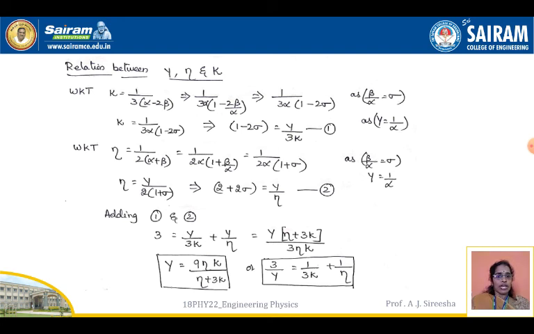Adding 1 and 2: 1 plus 2 sigma plus 2 plus 2 sigma... the sigma terms cancel, giving 3 is equal to Y by 3K plus Y by eta. Rearranging and taking the LCM, we get Y is equal to 9 eta K by eta plus 3K, or 3 by Y is equal to 1 by 3K plus 1 by eta. This is a relation between Y, K and eta.